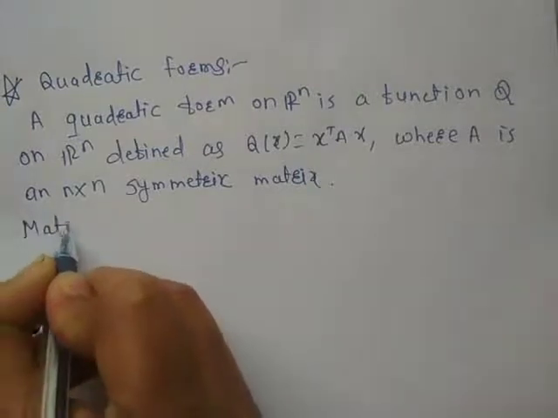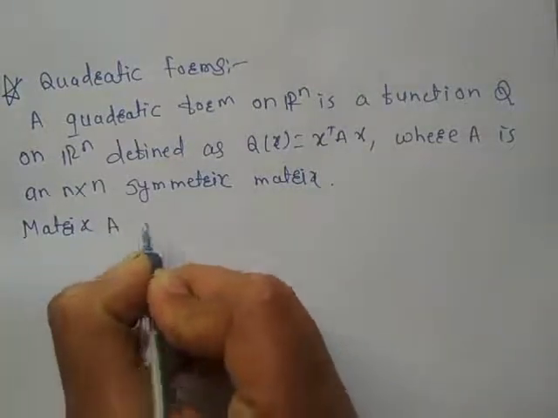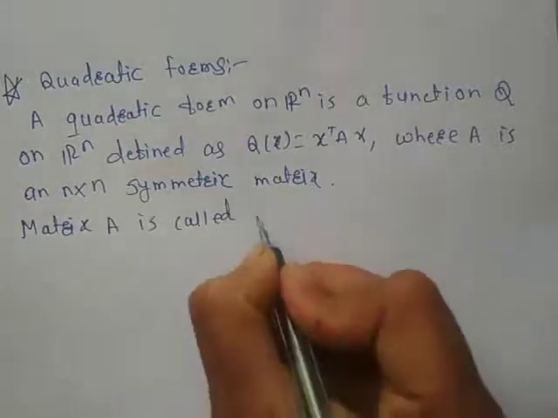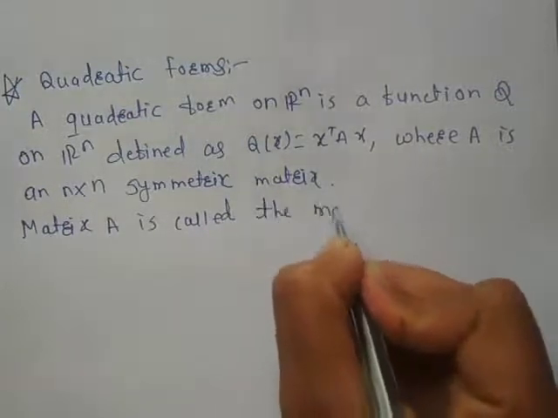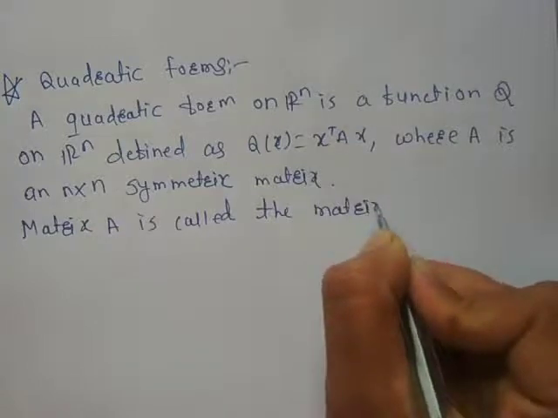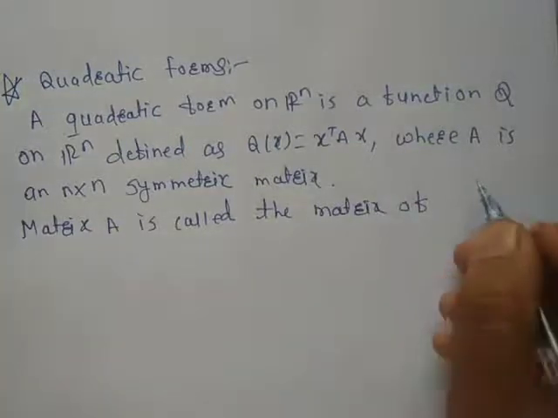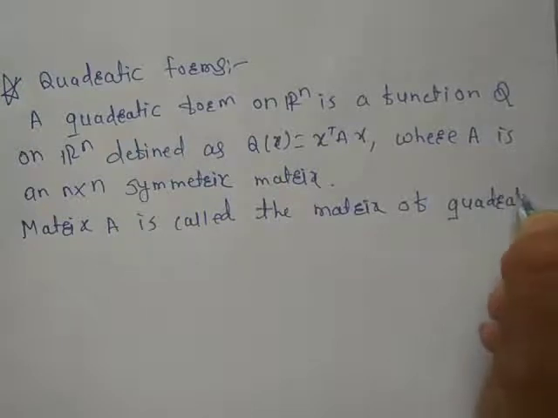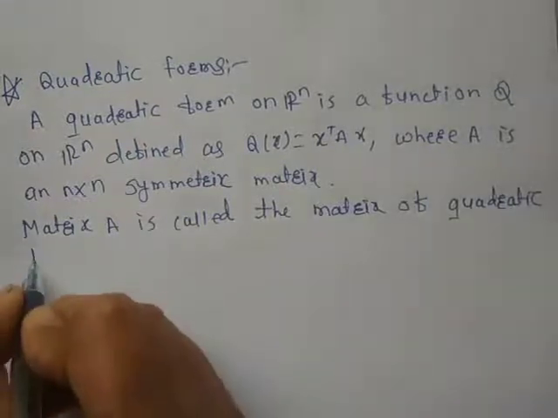Matrix A is called the matrix of the quadratic form.